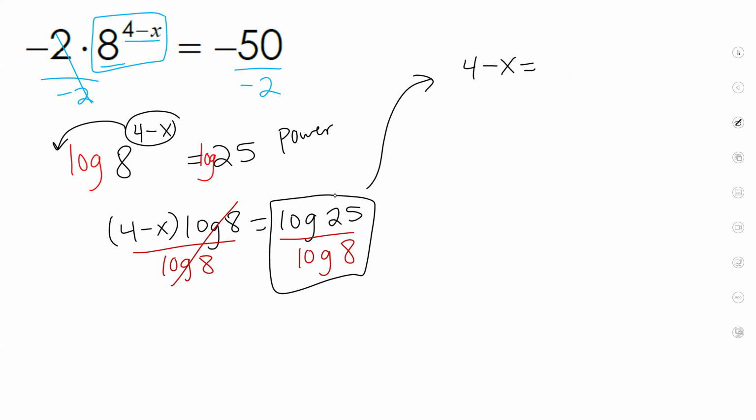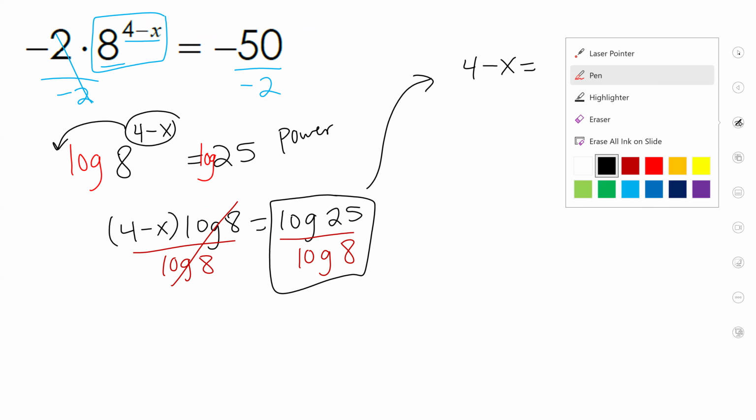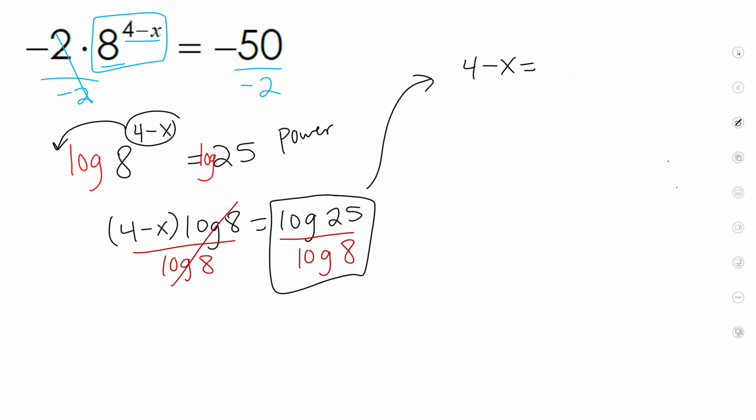And remember, your base needs to be the same. So you can type in 10 and 10 as long as they are the same. And let me know what you get. 1.5479. Perfect.